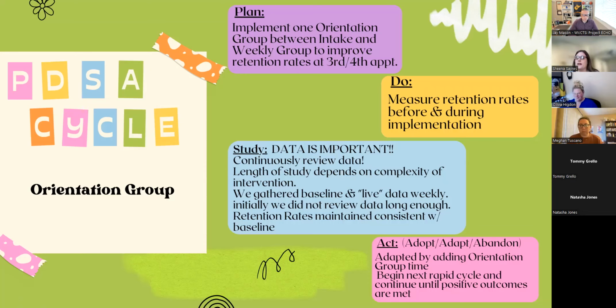And then we realized, once they're hitting that third, fourth appointment and we're getting more people into that third, fourth appointment, it's not going down, but it's not really going up. It's just being consistent.